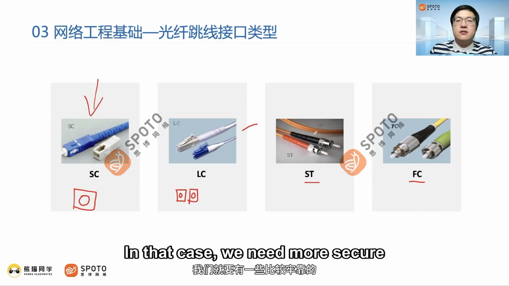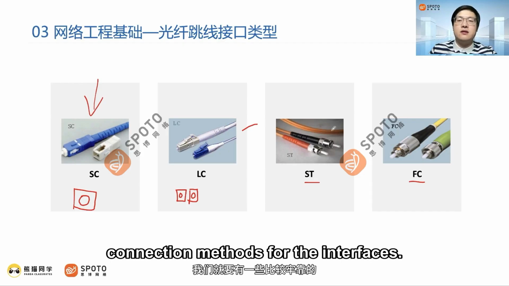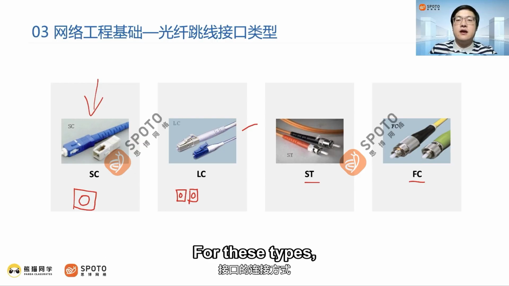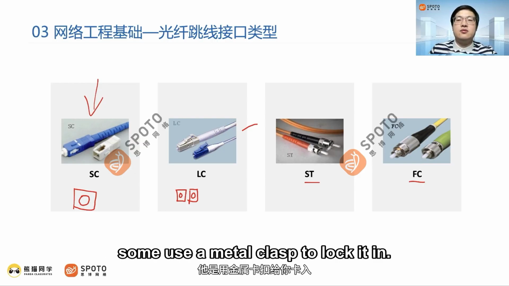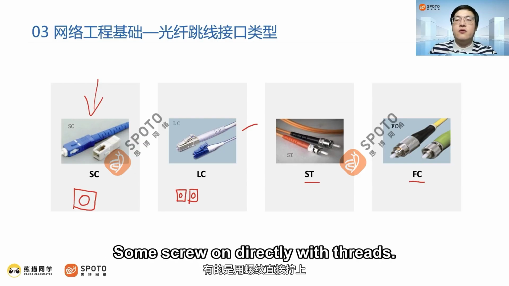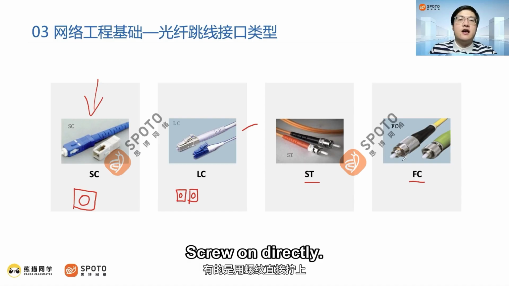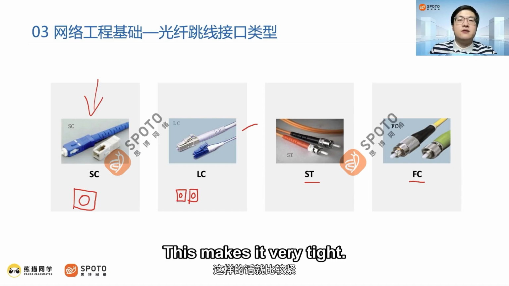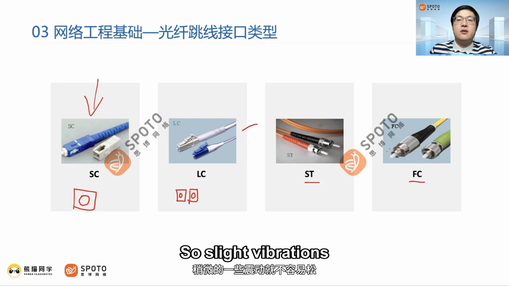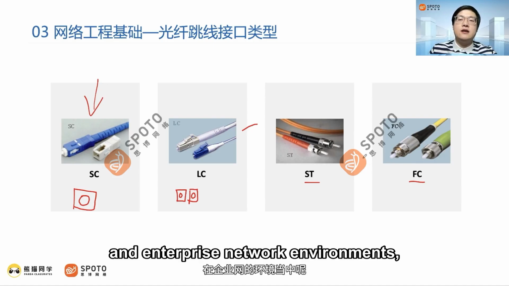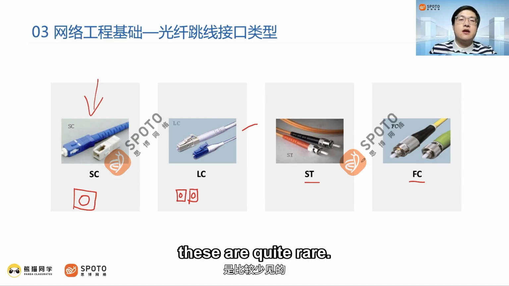In that case, we need more secure connection methods for the interfaces. For these types, some use a metal clasp to lock it in. Some screw on directly with threads. This makes it very tight. So slight vibrations are less likely to affect it. In our datacom and enterprise network environments, these are quite rare, okay.